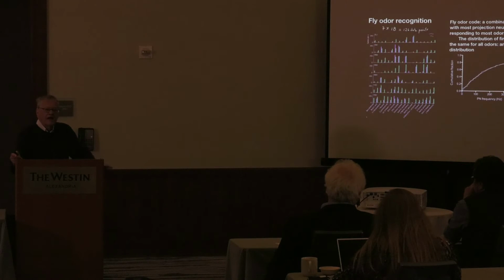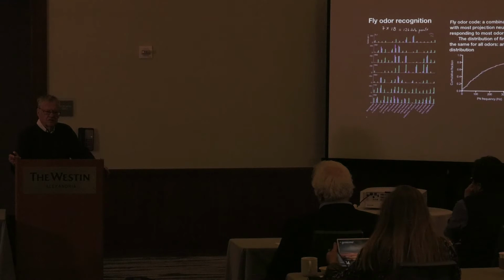Because I knew that an exponential distribution of firing rates for the odor code, whatever it was, would be a maximum entropy code. And what that means is that information theorists believe that a maximum entropy code is one that carries the most information that it can with the code it has and the number of neurons.